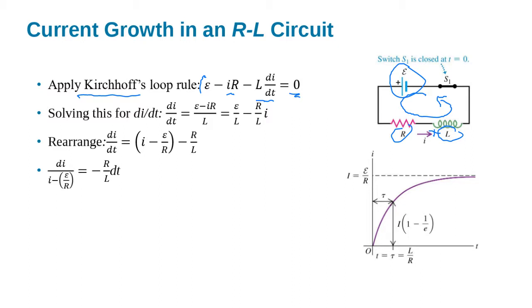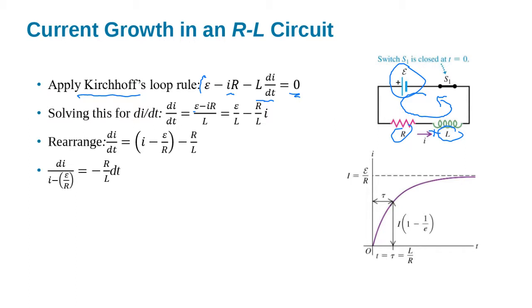So if we rearrange this equation so that we get di by dt, the rate of change of current, that's going to be the EMF minus IR over L, the inductance.